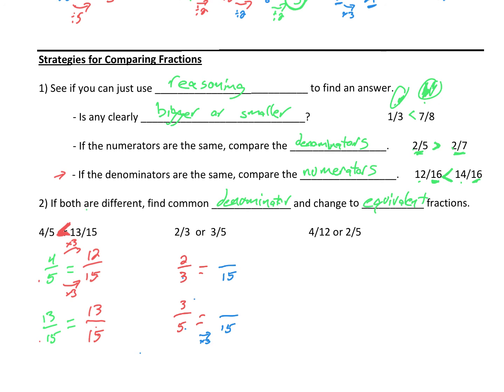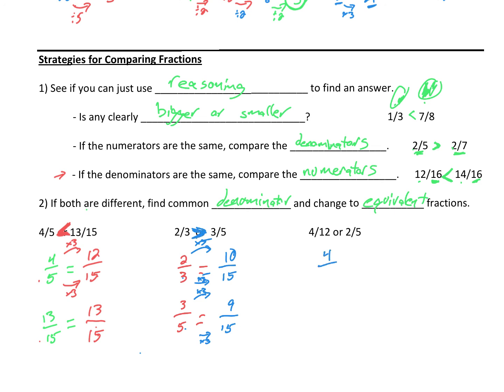Notice we did these both times 3 and those both times 5. So 9/15 and times 5, 10/15. So 2/3 equivalent fraction is 10/15. 3/5 equivalent fraction is 9/15. 10/15 is bigger, so 2/3 is bigger. 2/3 is greater than 3/5.